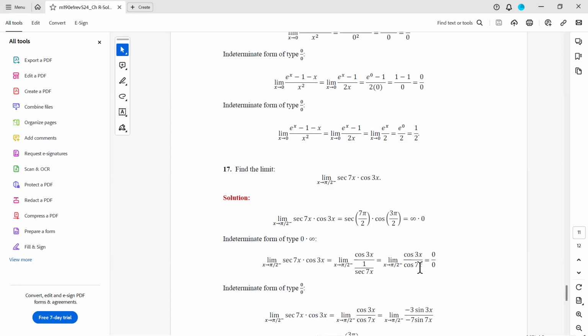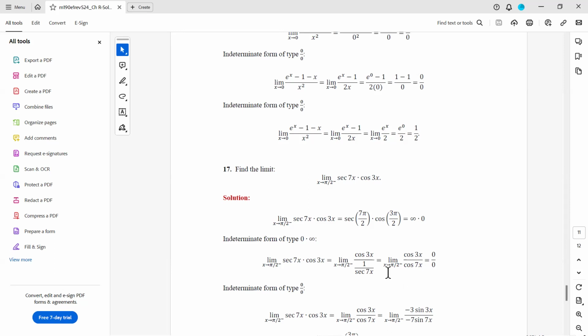So what you end up with is cosine 3x, which we had the first time, over 1 over the secant of 7x, which simplifies to be cosine 3x over cosine 7x, which is of the form 0 over 0 when you apply the limit. The limit as x approaches pi over 2 from the left is of the form 0 over 0.